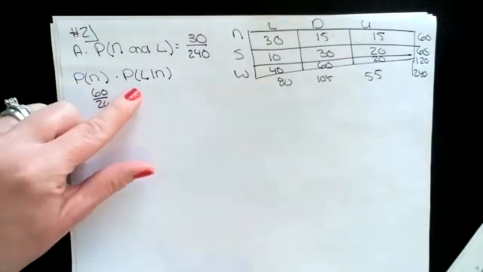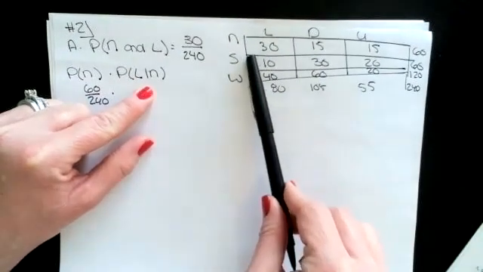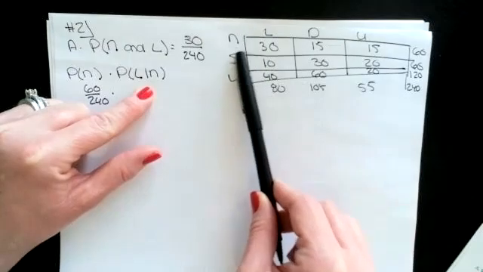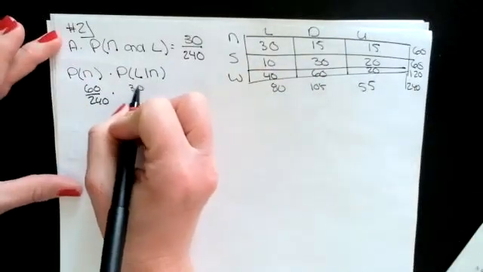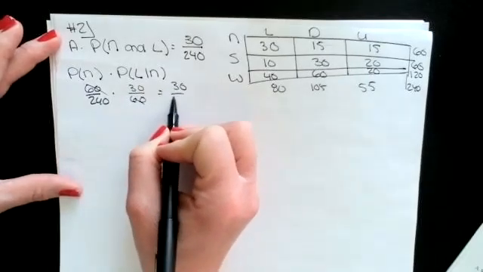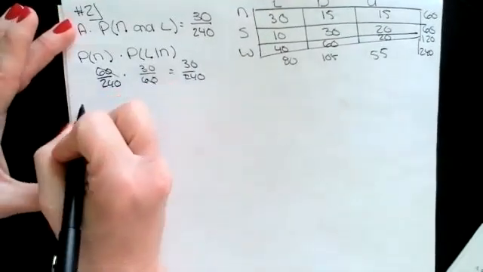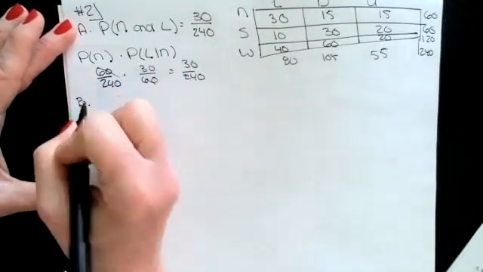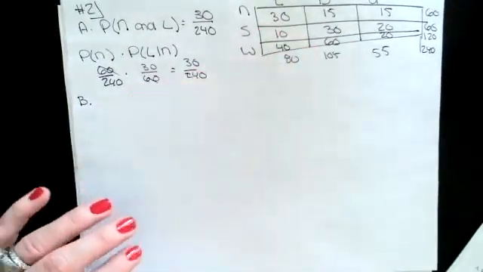And the probability of L given N: remember, L given N means I have this restriction that N has already taken place, and I'm just looking at the L, so it's 30 out of 60. The 60s cancel, and I'm left with 30 out of 240. Same answer, right? So it doesn't matter which way you solve, whether you use the table or the formulas.